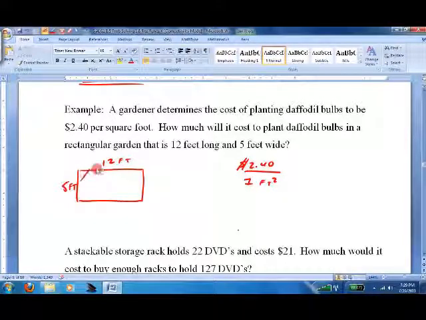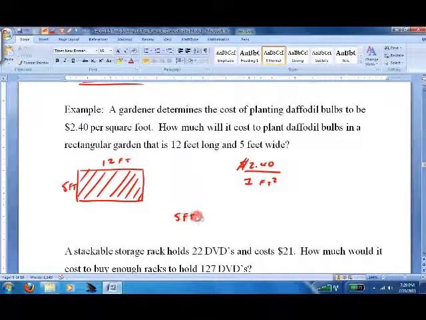Well, that should mean that we want to find the area here. So we go 5 feet times 12 feet equals 60 feet squared.